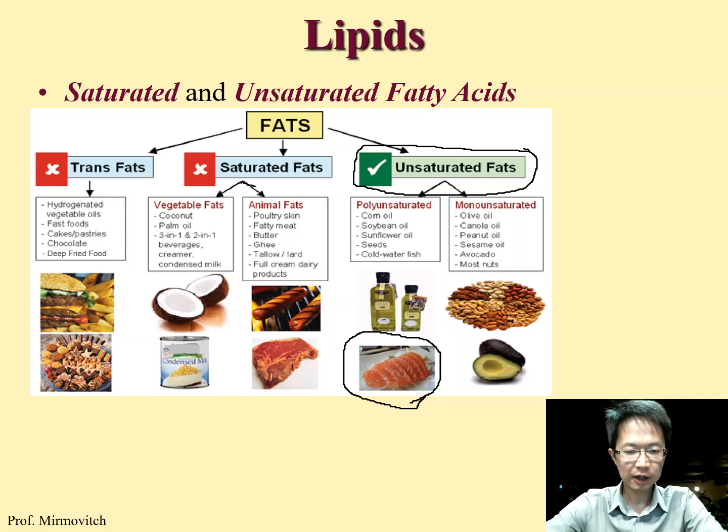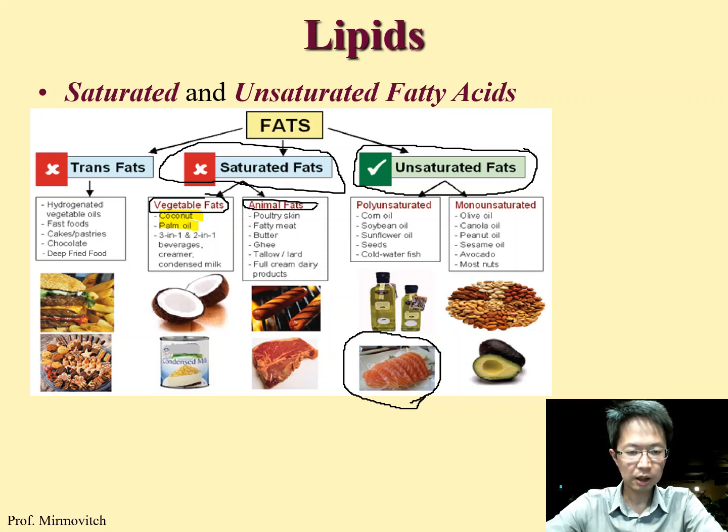And many of the saturated fats are from animals. Some saturated fats are from vegetables, like coconut and palm. We talked about that before.